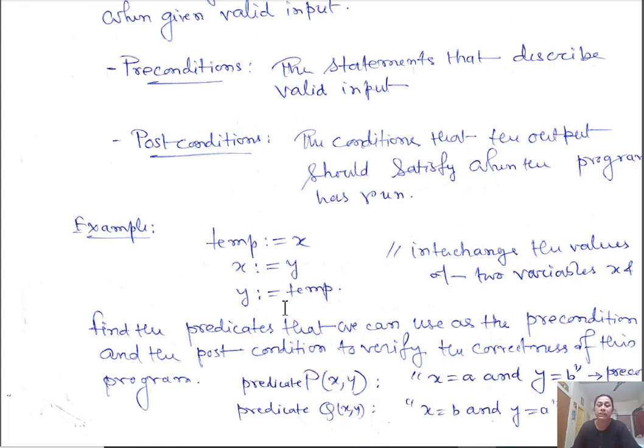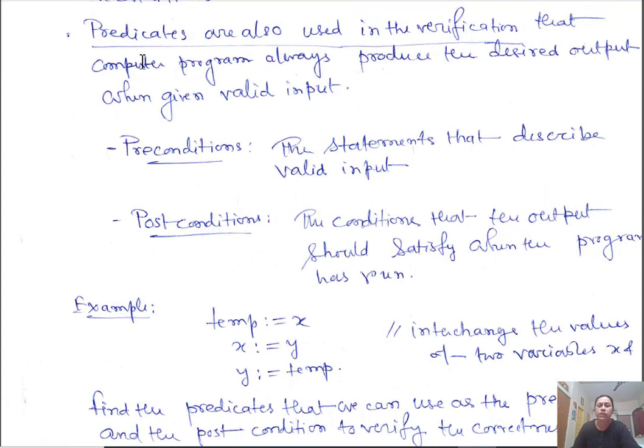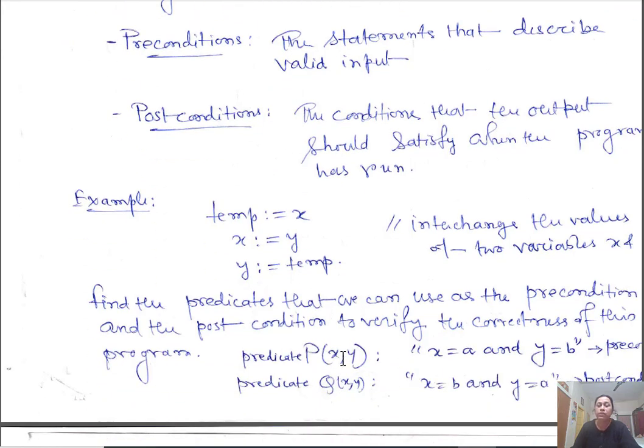This is a validity check. When P(x,y) is true and this program statement runs, then Q(x,y) must also be true, that is, swapping. So this is where these predicates can be used for verification, that computer programs always produce the desired output when given valid input. If P(x,y) is valid, then the input is valid, and the output is also valid.